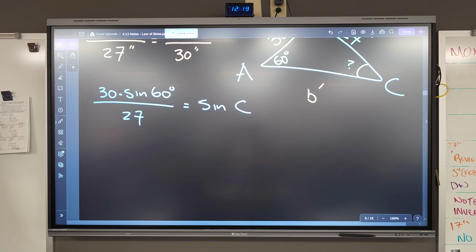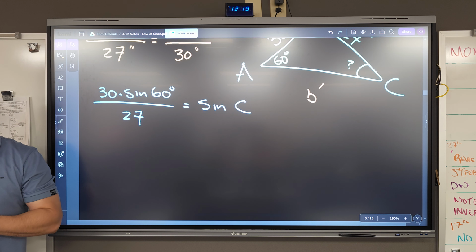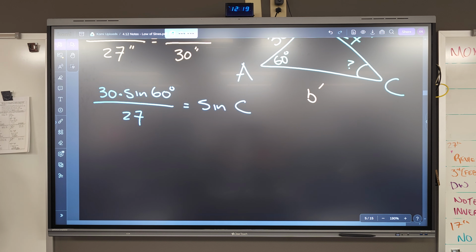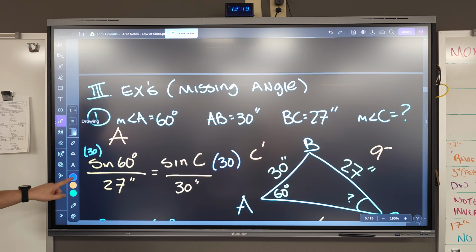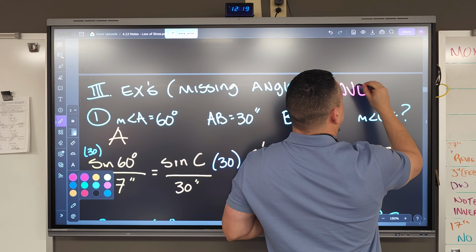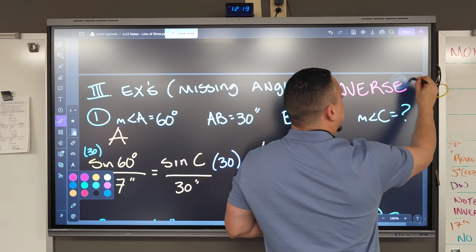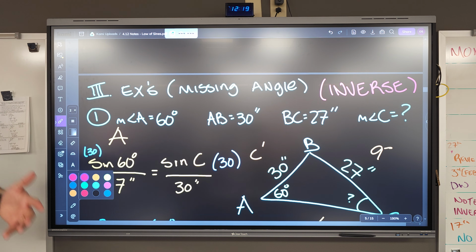Like in this part, what would you do in your calculator now? The inverse. Okay, so that's the key to these. So I'm going to go up here to the title, and that's the major difference. To find angles, you use inverse. Not to find sides, but to find angles, you use the inverse function.